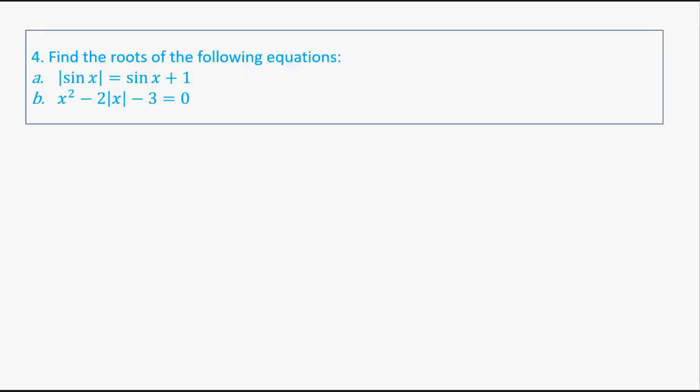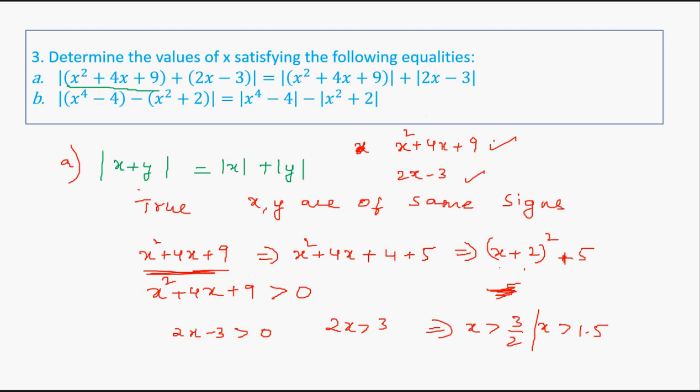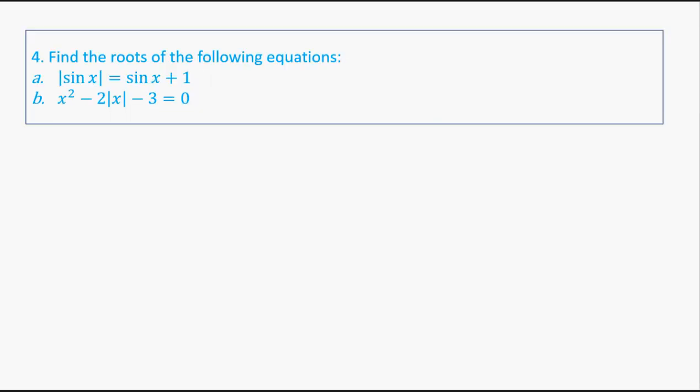right? But before that we'll solve one more problem. So find the roots of the following equation. Now how we have to solve this I have discussed already. So we will remove the modulus on sin x, and because of that plus or minus is applied on our right hand side. First case we will take positive, sin x is equal to sin x plus 1.